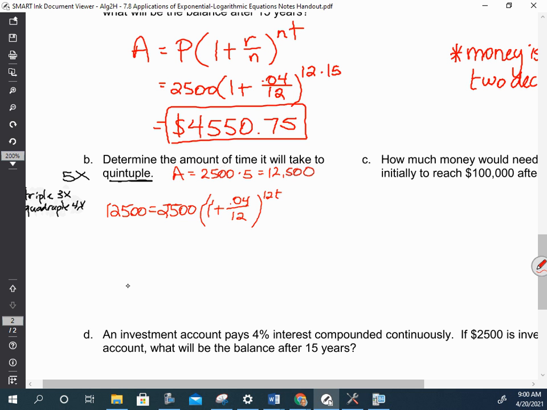This is the setup at the start of the equation. Everyone good with setup? Everyone at home good with setup?